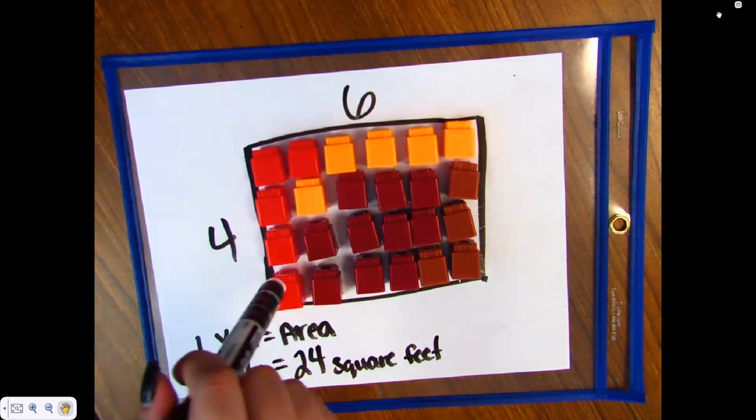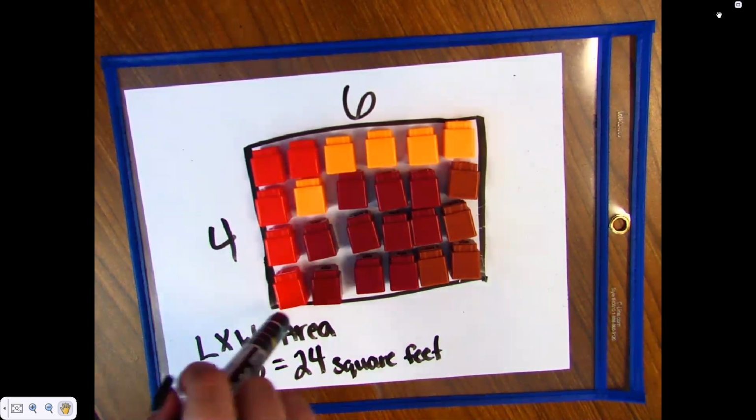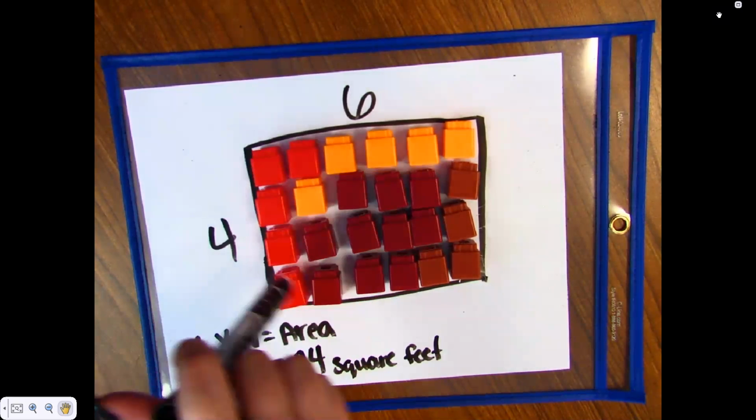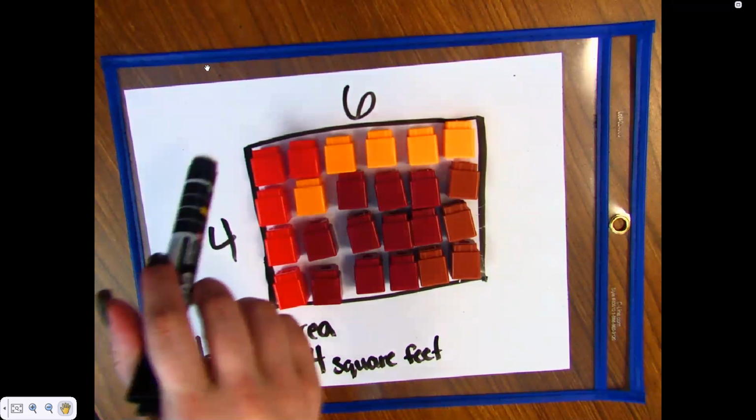So you can find your area by counting all these cubes or by multiplying your sides together to find the length and the width. The length times the width would equal your area. So you're doing your one side times the other side.